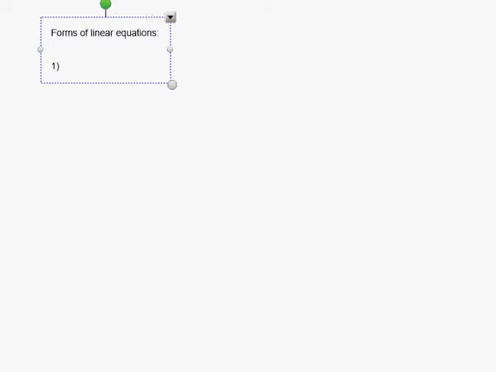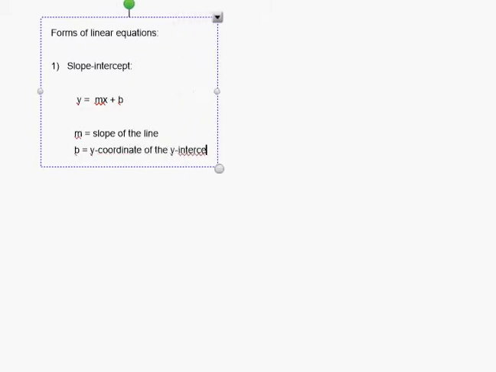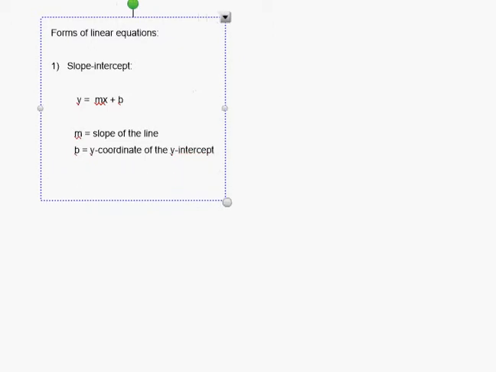First one we have is called slope-intercept, and that is y equals mx plus b, where m is the slope of the line and b is the y coordinate of the y-intercept. This is probably the most commonly used form.